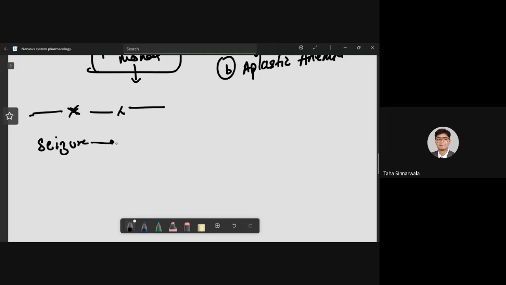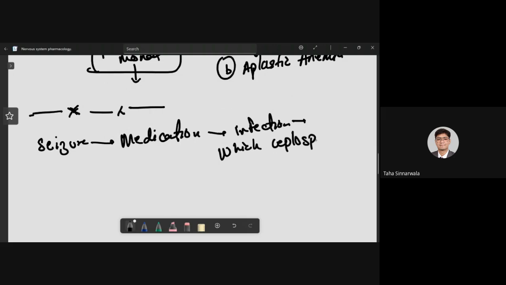You gave the patient some kind of medication. Now the patient has an infection. And then they can ask you, which cephalosporin? So what do you think would be the answer to this one? Either ox, clox, diclox, or naf.